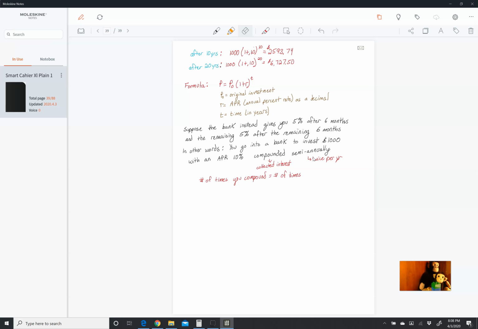So we're going to do the same type of thing, same amount of money, same annual percentage rate, but we're going to look at how much we have after a year in this case. So in this case, instead of after 1 year, we're going to do after 6 months.